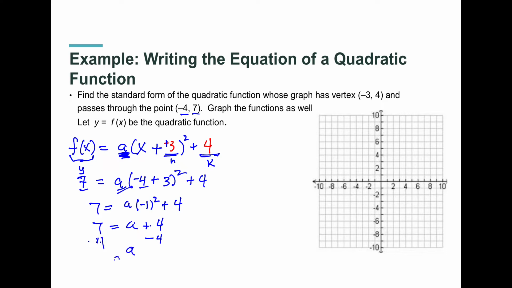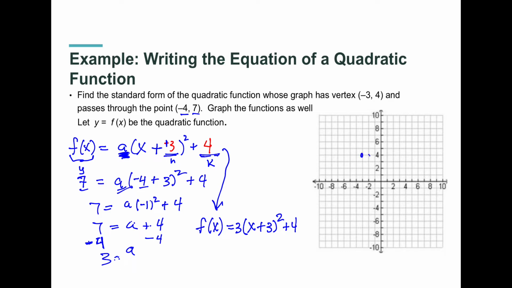I see that a is equal to 3. And so that gives me the rest of my equation, which really was just lacking the a. So we have 3 parentheses x plus 3 squared plus 4. There's the equation of my parabola, where I know that the vertex is at negative 3, 4.